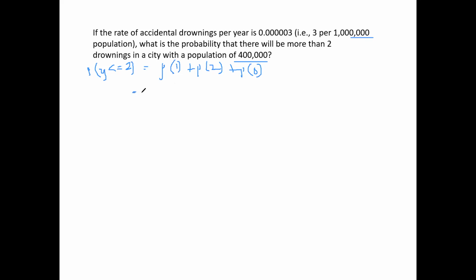So, going back, so for P1, that is 400,000 of 0 multiplied by 0.00003 raised to 0 multiplied by 0.00003 raised to 400,000.